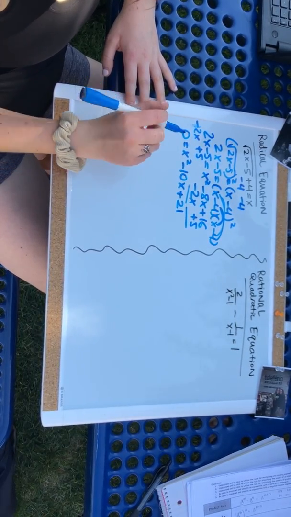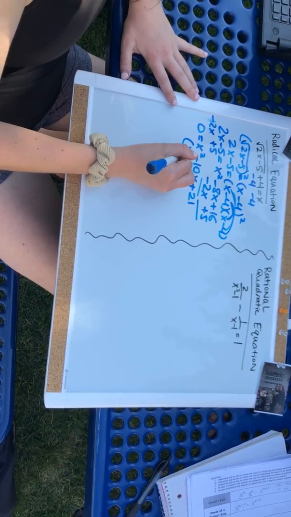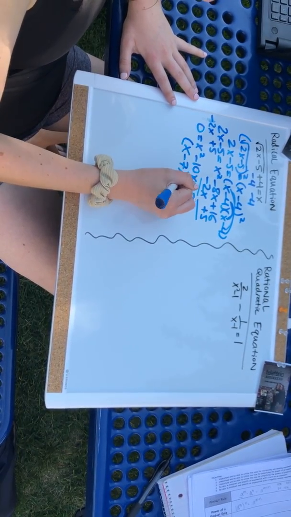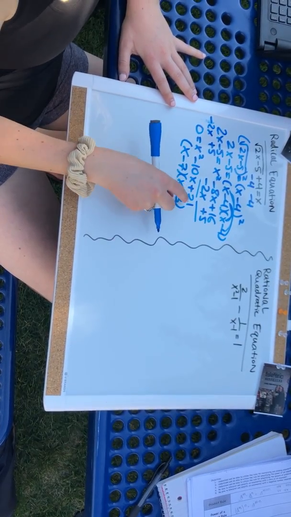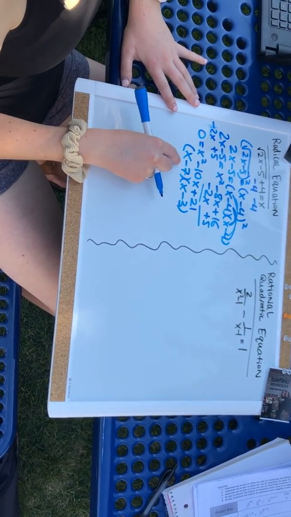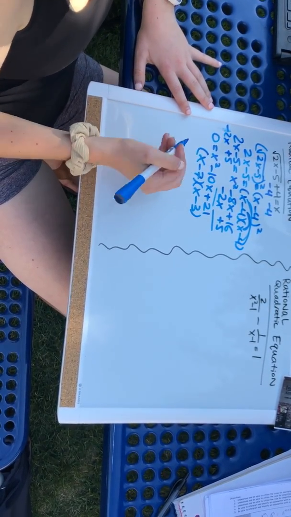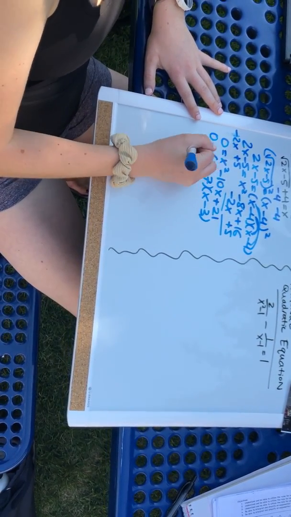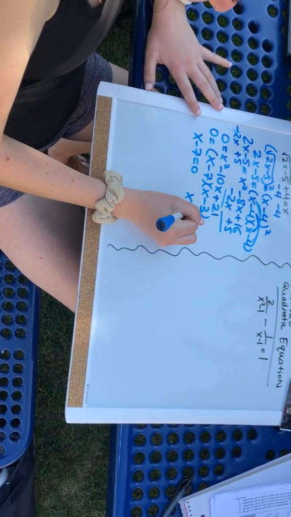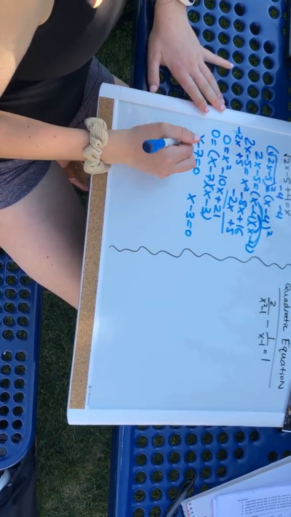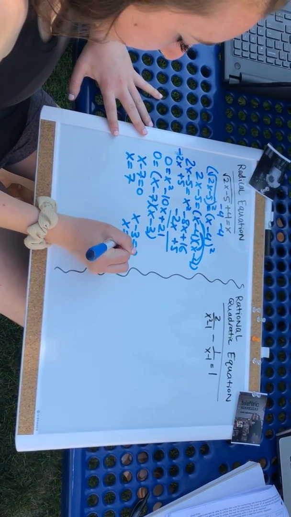The ones I realized work are x minus 7 times x minus 3, because negative 7 times negative 3 equals 21, and negative 7x plus negative 3x equals negative 10x. So then we have x minus 7 equals 0, and x minus 3 equals 0. And we're going to solve x equals 7 and x equals 3.